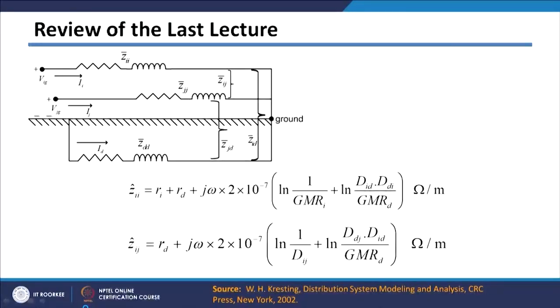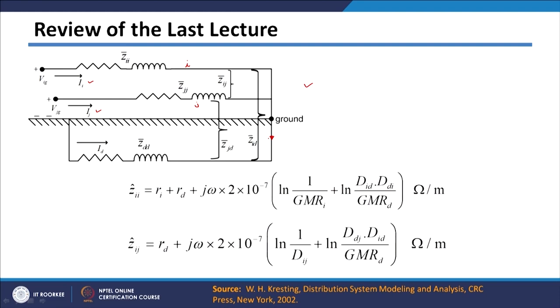If you remember, we discussed this circuit with two conductors, conductor I and conductor J, with currents II and IJ flowing. The unbalanced current, II plus IJ, will be flowing through the ground.